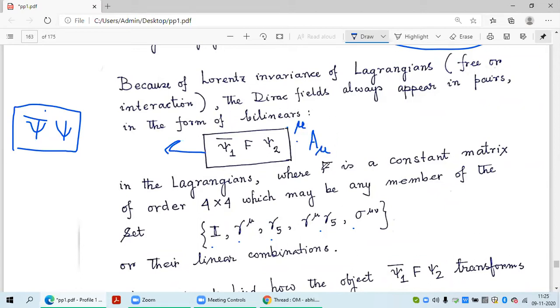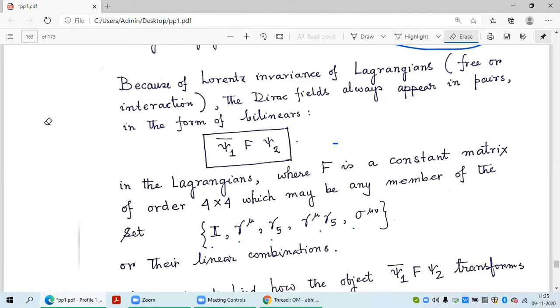If it transforms like a tensor, we multiply accordingly to make it a scalar. It is easy to make scalars from vectors by multiplying by another covariant or contravariant vector, as the case may be. But whenever Dirac fields appear in the Lagrangian, they will appear in this form.